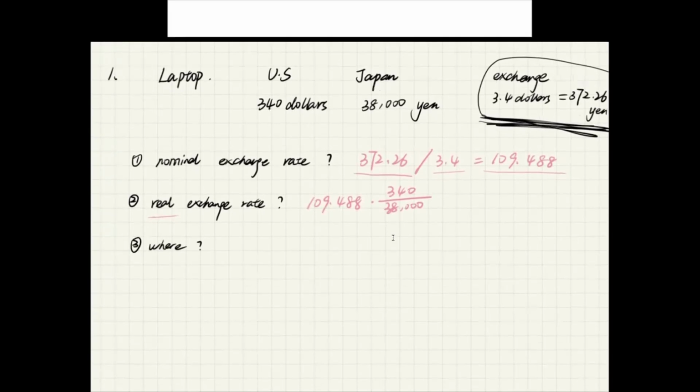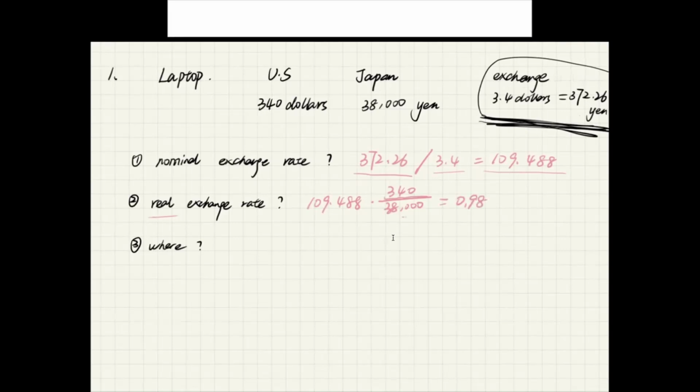It is because this is the price of using US dollars to buy this laptop, right? And this is the Japanese yen that you use to buy the laptop from Japan. So now the real exchange rate would be 0.98. It would be less than 1.